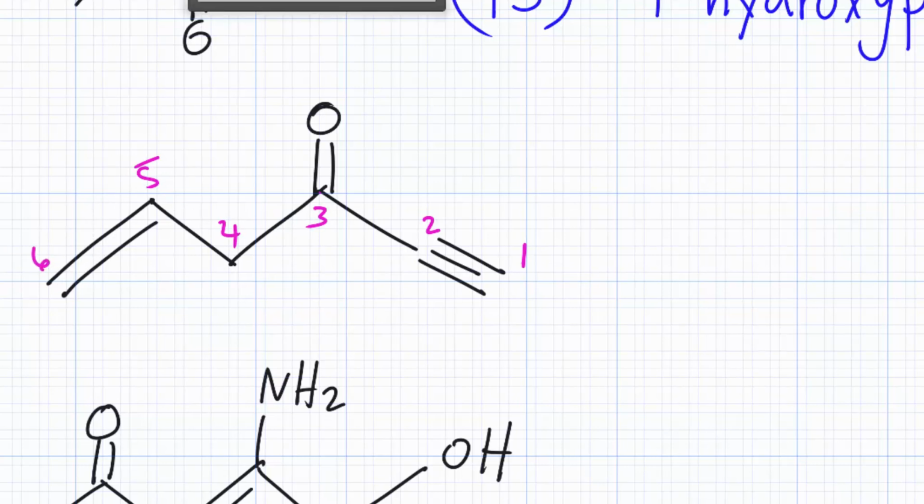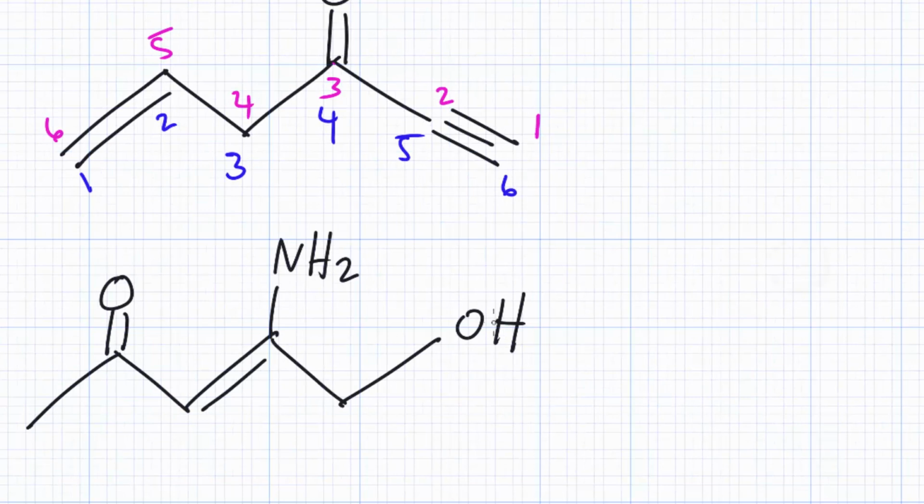That would give me my ketone at 3. If I went this direction, 1, 2, 3, 4, 5, 6, that would give me my ketone at 4.